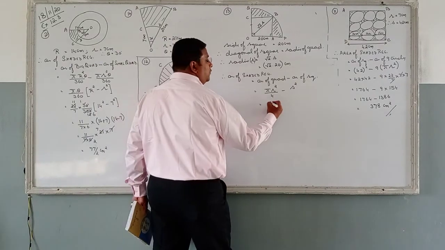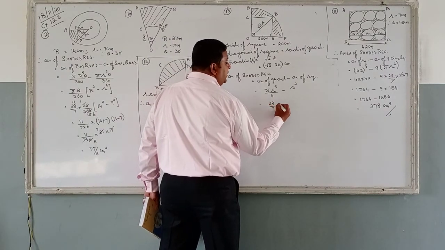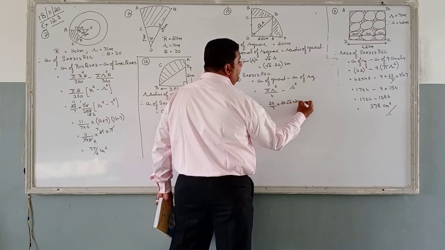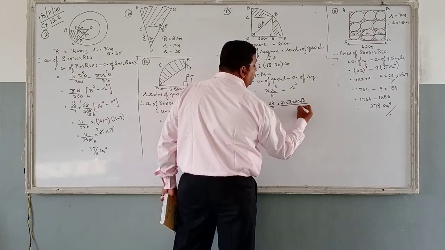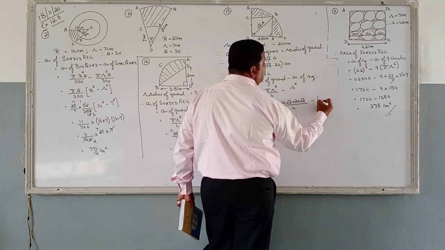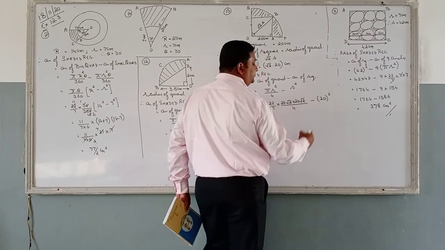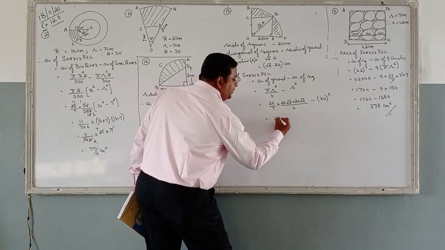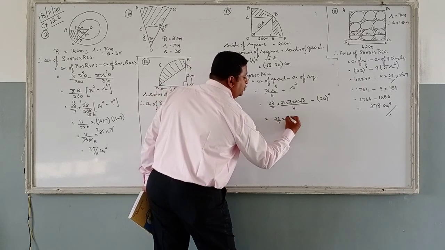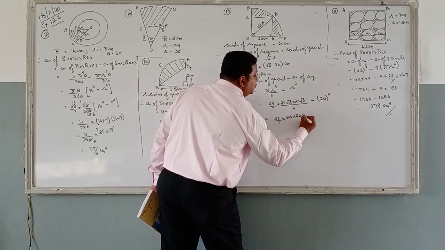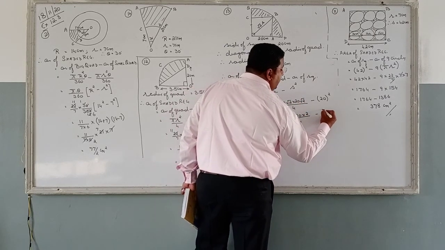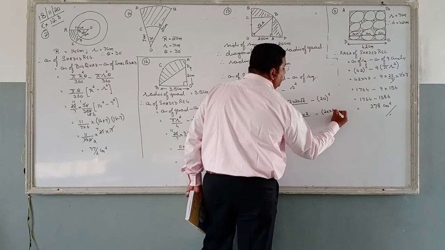Pi r square upon 4, pi 22 by 7 into r square, 20 root 2 multiplied by 20 root 2 upon 4 minus s square, 20 square. Simple calculations. 22 by 7 into 20 into 20 into root 2 into root 2, 2 upon 4 minus 20 into 20.